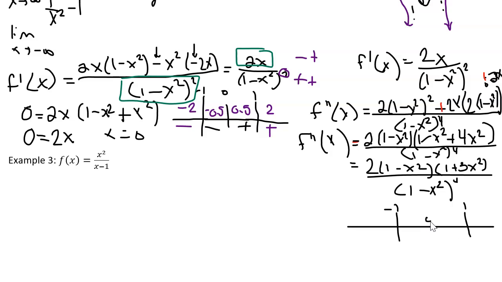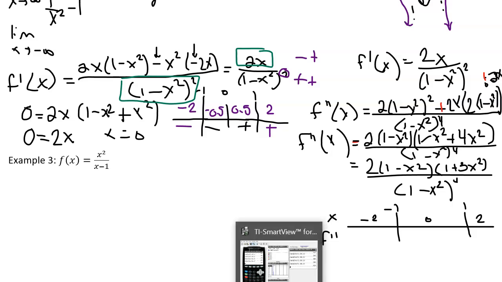We can test 0, 2, and -2. And we're going to be plugging them into the second derivative, and I would highly recommend using a calculator to test this. You have an inflection point when the sign of the second derivative changes from positive to negative or negative to positive. And remember that the sign of the second derivative is the concavity.